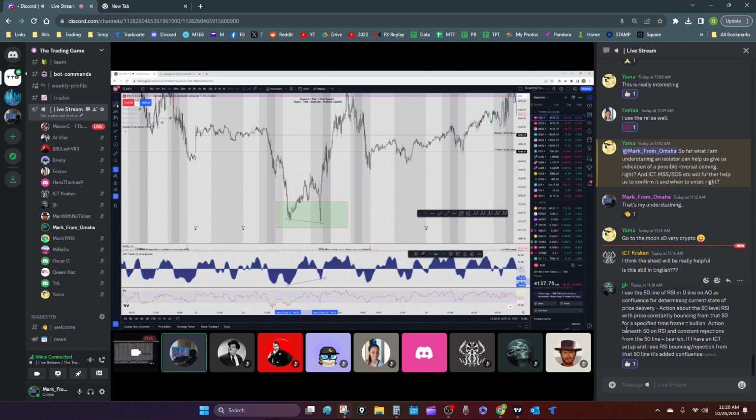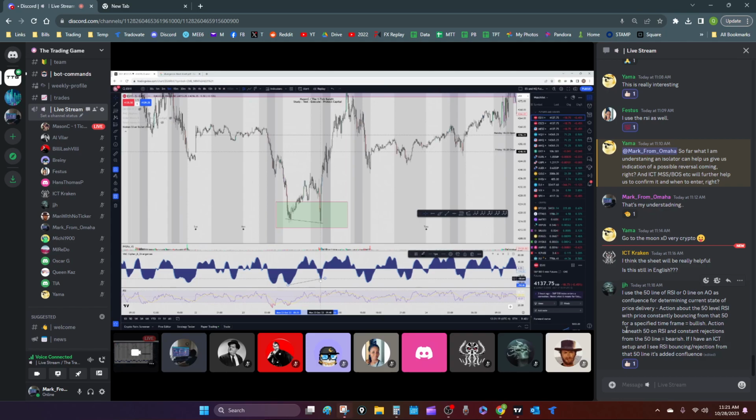Are you looking at wicks or bodies, or does it matter? Okay, so RSI follows the bodies of the candles if you use RSI solely. The Fu Manchu, the fast-moving wave and the slow-moving wave, take into consideration the wicks and the exponential 9 moving average subtracted from the 26 exponential moving average.